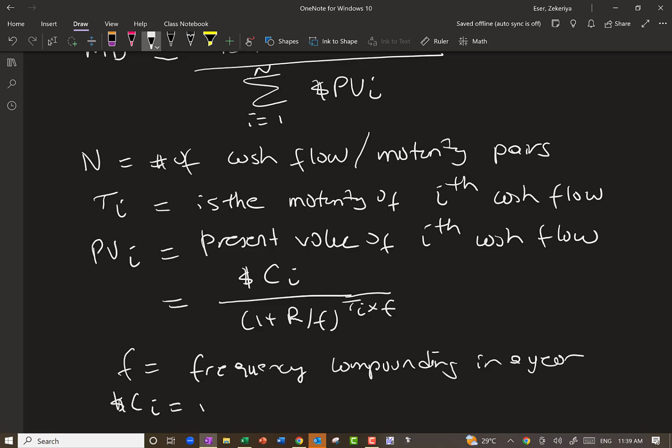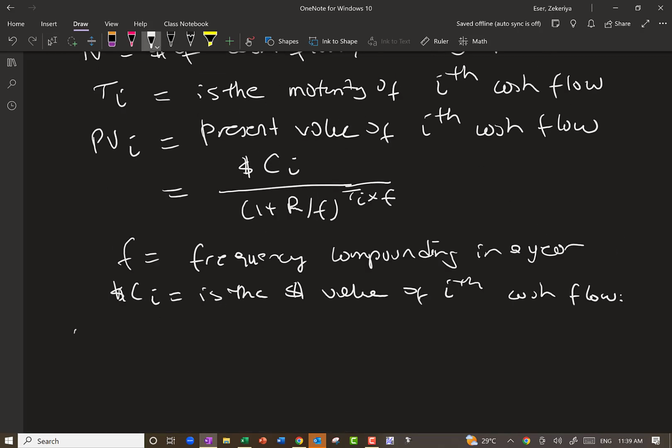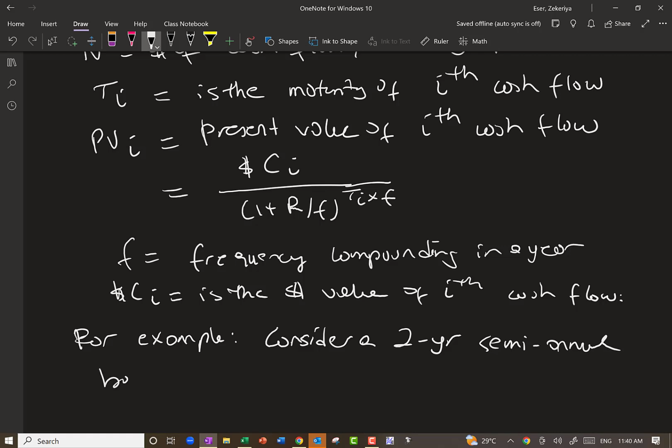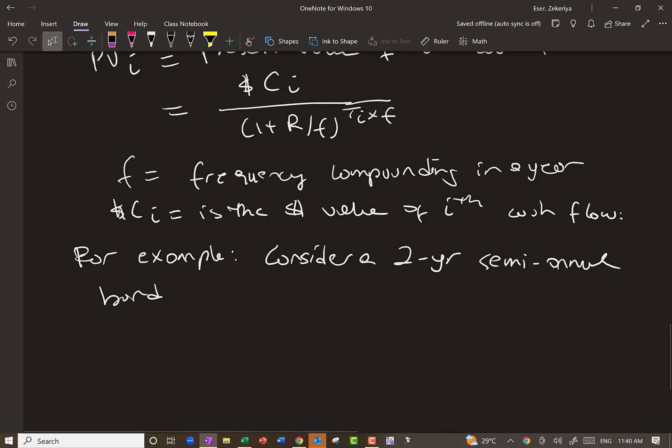So for example, consider a 2-year semi-annual bond with a face value of $1,000. Come on. 8% coupon rate.